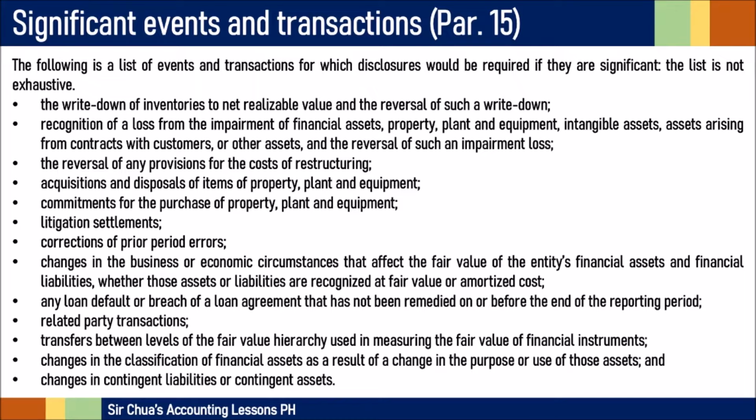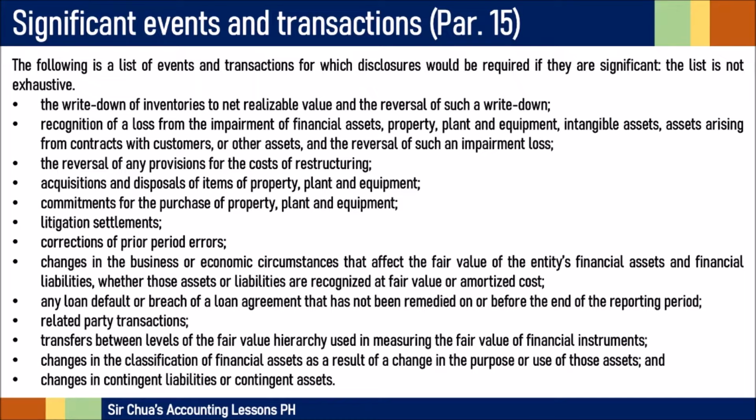And then, any loan default or breach of a loan agreement that has been remedied on or before the end of the reporting period. Also, your RPTs or related party transactions, and then transfers between levels of the fair value hierarchy used in measuring the fair value of the financial statements.